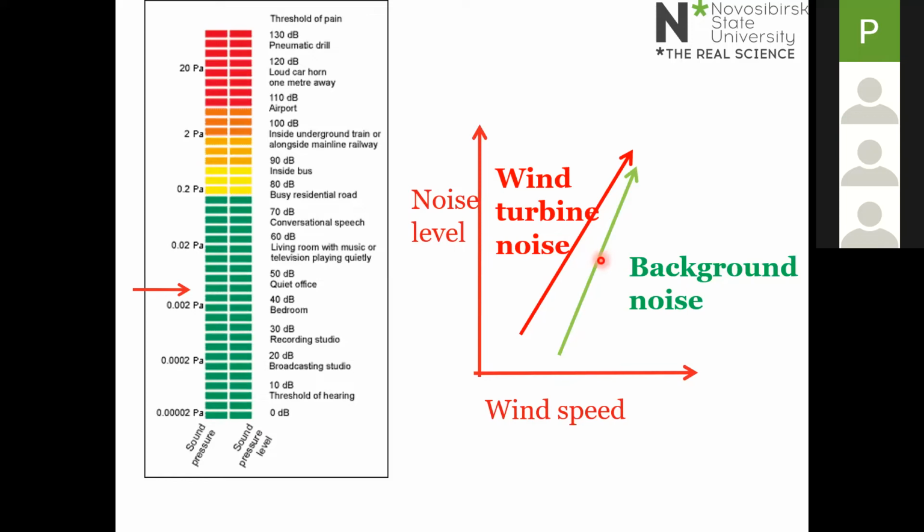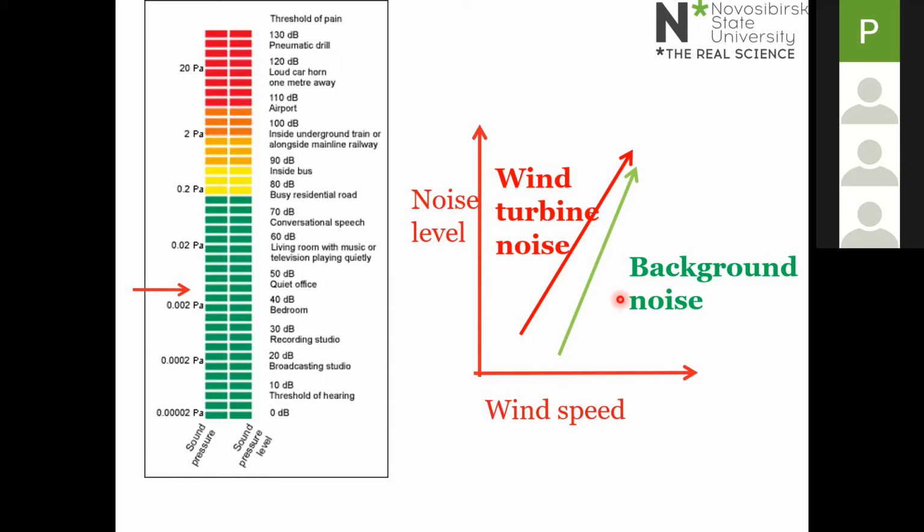And that's one of the problems with assessing wind turbine noise, because the turbine noise is often not much larger than the background noise. And what I'm trying to represent in this diagram is a particular feature of wind turbines, that it's often the case that the noise from a wind turbine changes less with wind speed than the background noise.